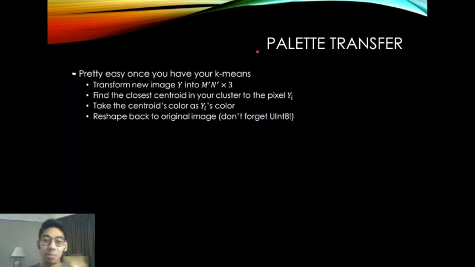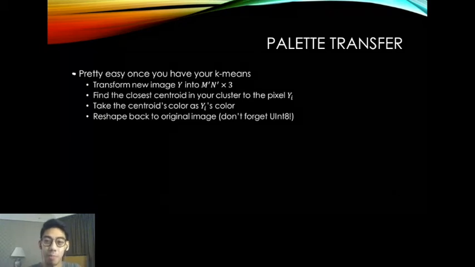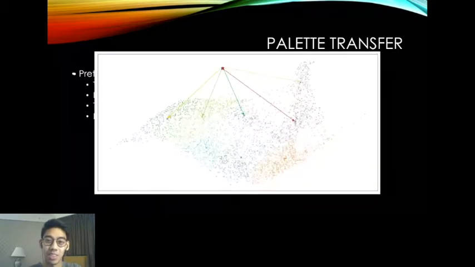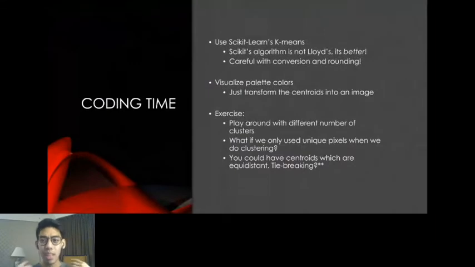And then we have to do some reshaping and converting back into Euclidean 8 for the Python imaging library, but that's implementation stuff. So let's try this out. We're going to use k-means in the scikit-learn package.